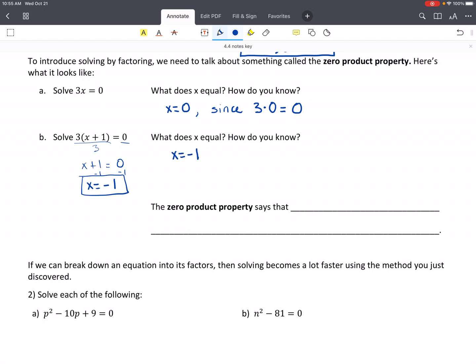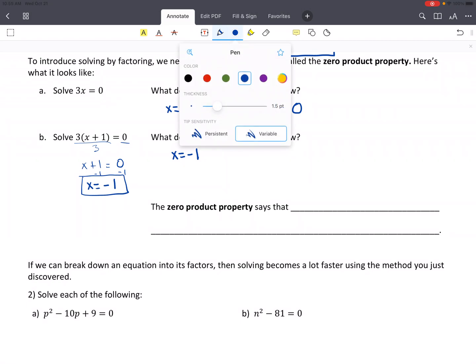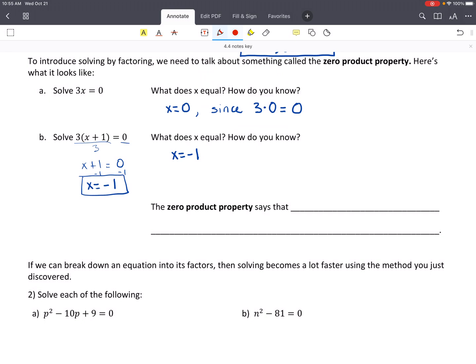We solved that through algebra. And instead of having to do the full algebra step every time like we did, here's what I want you to see. I want you to know the zero product property. Product means multiplication in math.